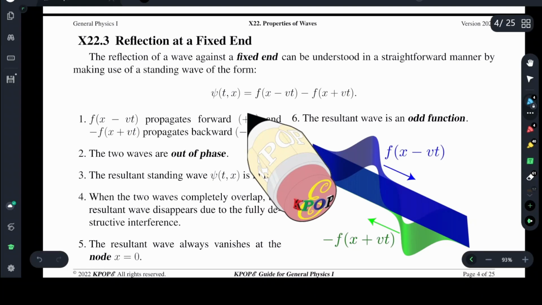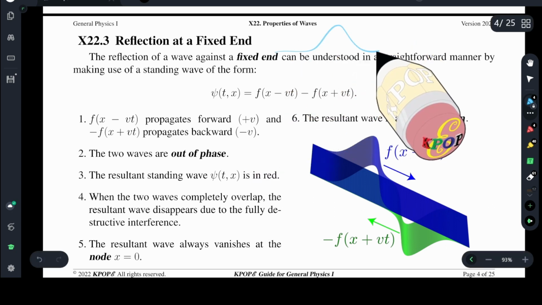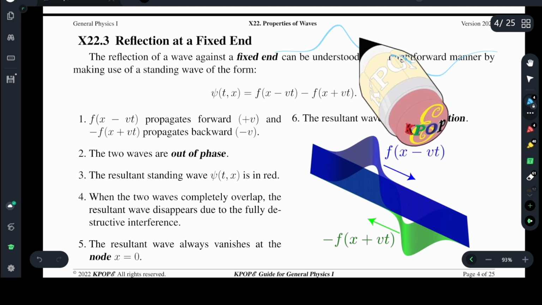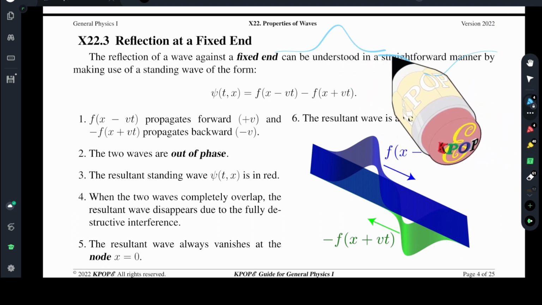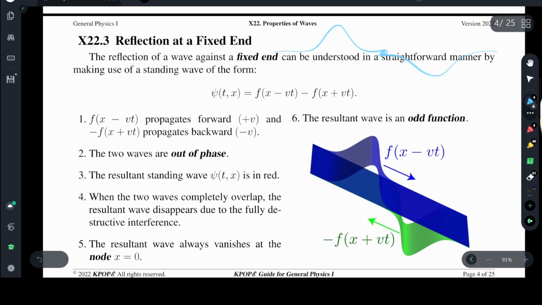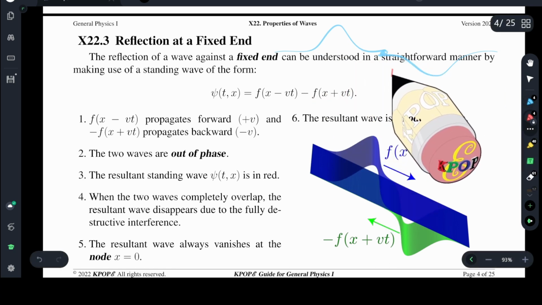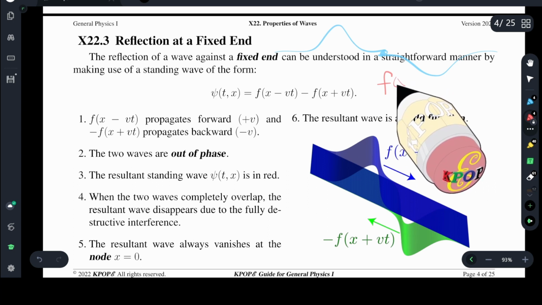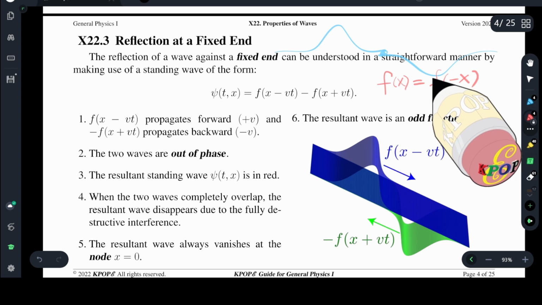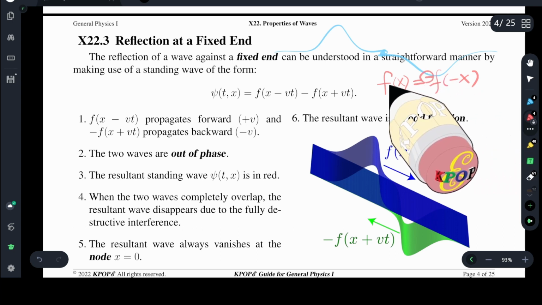Reflection at a fixed end can be explained very simply if we consider two waves colliding, but they are identical except that one is an odd function. For an odd function, f of x equals minus f of minus x; we have a negative sign.